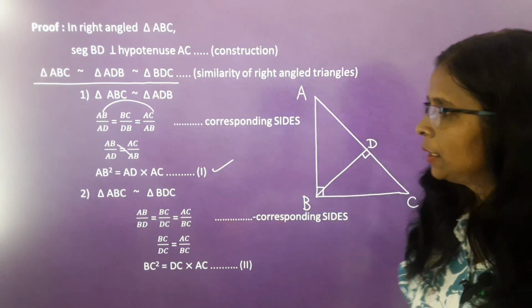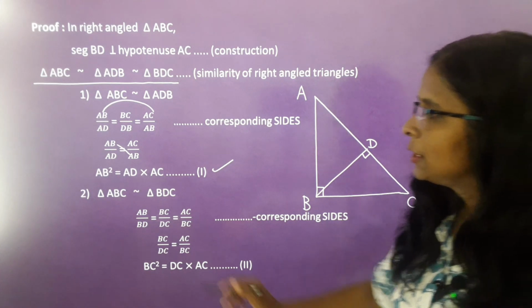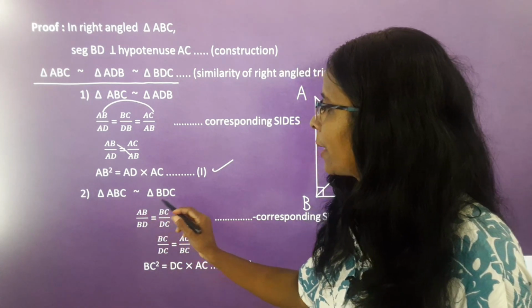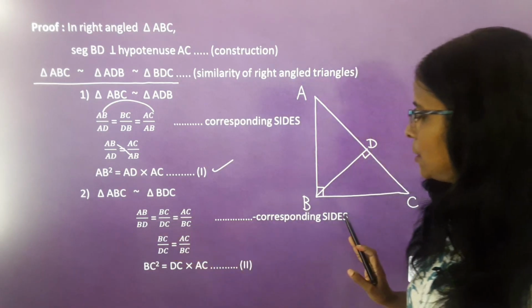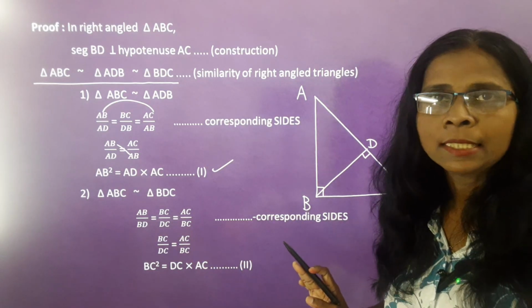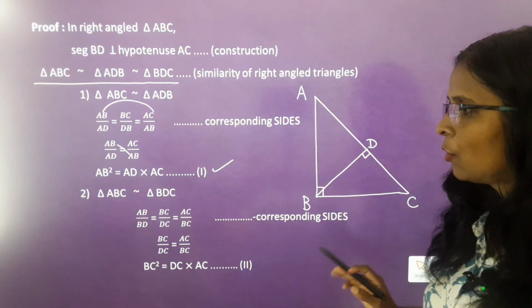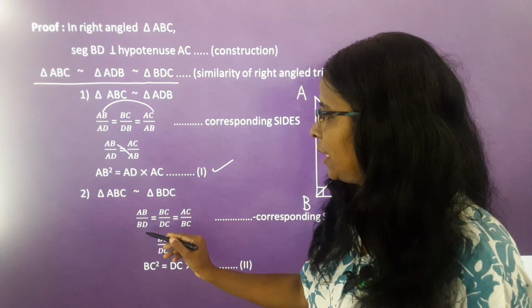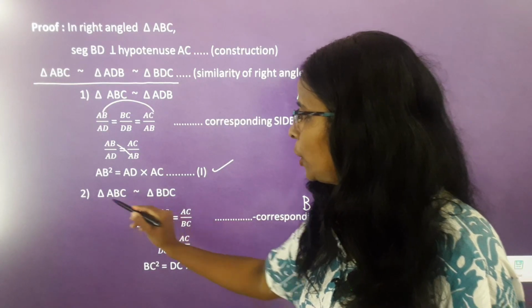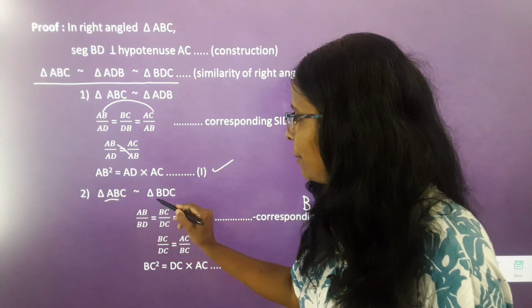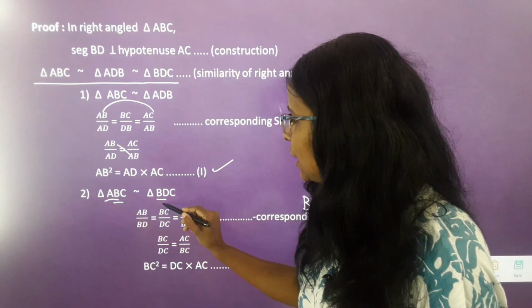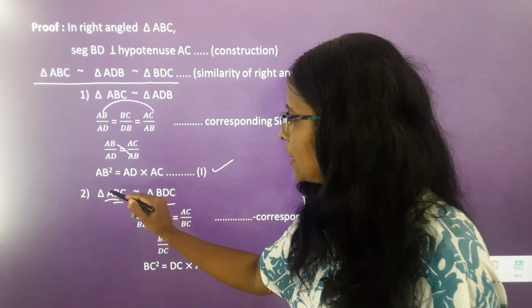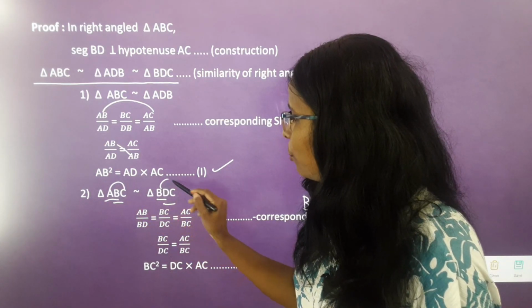Now the second part. We take triangle ABC similar to triangle BDC. Here also the ratios of the corresponding sides are equal: AB upon BD is equal to BC upon DC is equal to AC upon BC.